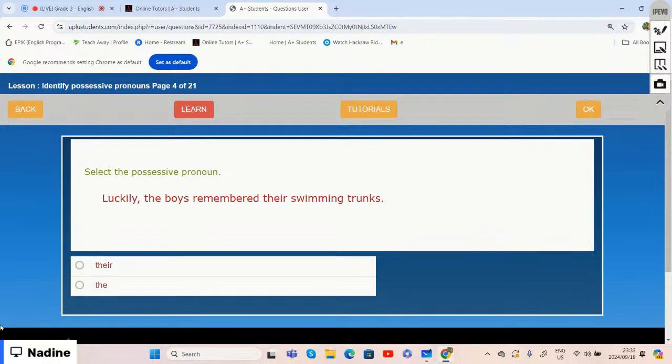Is it option one, they, or option two, the? So luckily the boys remembered their swimming trunks. So we can say it is theirs.